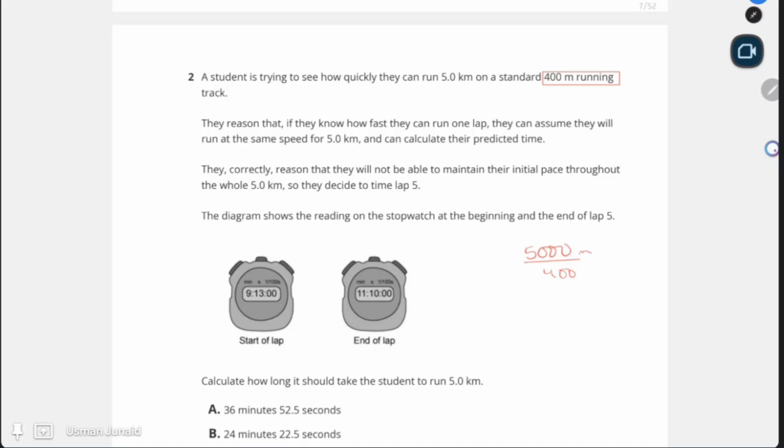Each lap is 400 meters. So the total amount of laps that he'll run is how many? 12.5, right? So he'll run 12 and a half laps if he wants to complete 5 kilometers.